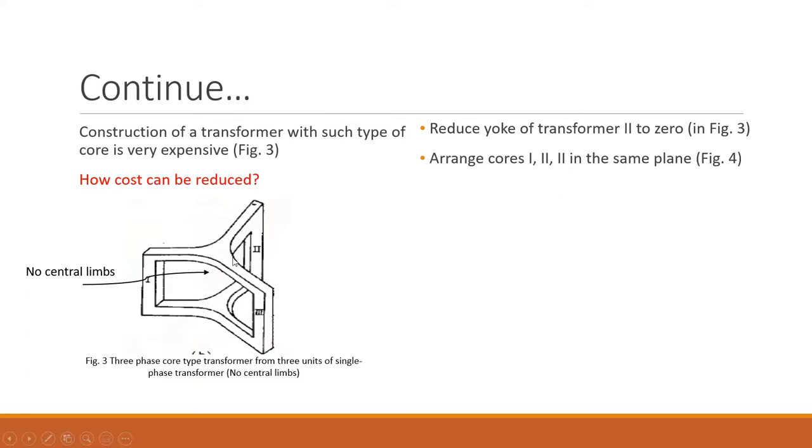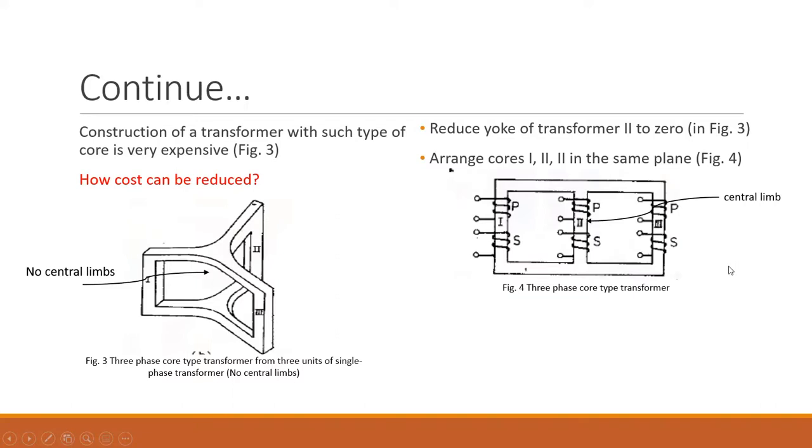So what would happen when you remove this and arrange it in one plane? Your figure would look like this. Basically your transformer is going to look like this. So what was called the central limb will be called this one. Basically there are three legs and two yokes you could see here.